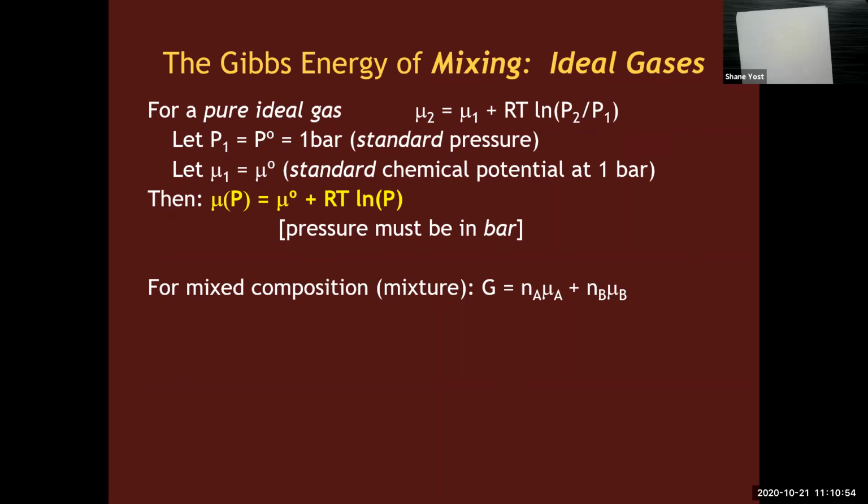The vapor pressure of a liquid is the pressure of the gas such that its chemical potential equals the chemical potential of the liquid. If you try to solve it mathematically, it's when the chemical potential of the molecules in the liquid phase equals the chemical potential of the molecules in the gas phase.